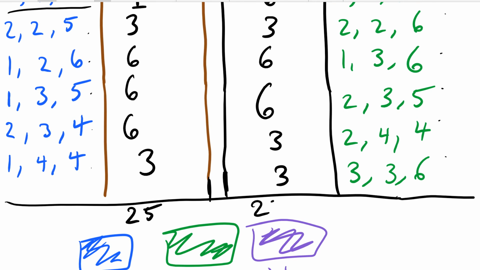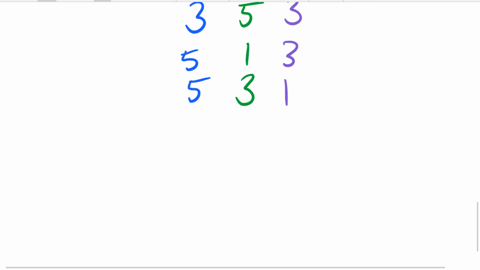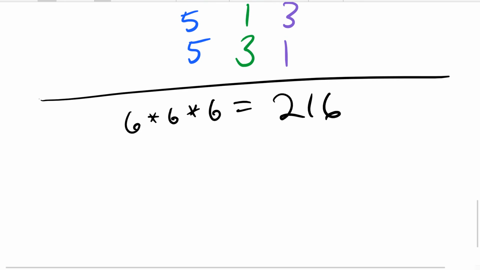There are 27 ways to get a combination of 10. The total number of combinations is 6 times 6 times 6 is 216. This is certainly a lot quicker than having to list all 216 ways 3 dice could fall.